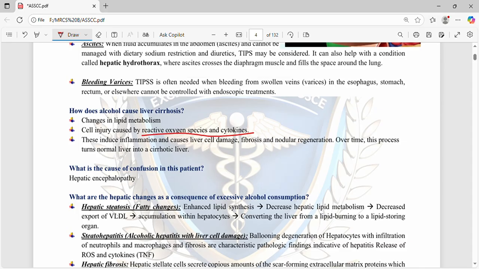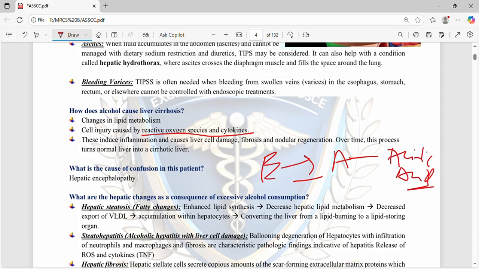Acetic acid is used for the production of fats, so it can cause over accumulation of fats in the hepatocytes, and it can lead to damage. So two steps: ethanol into aldehyde through alcohol dehydrogenase, and aldehyde into acetic acid through aldehyde dehydrogenase.